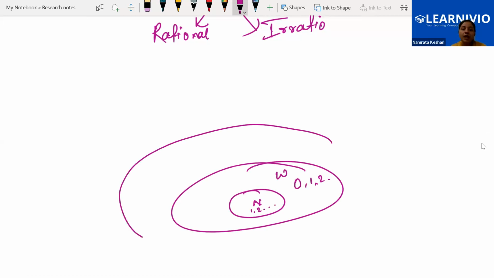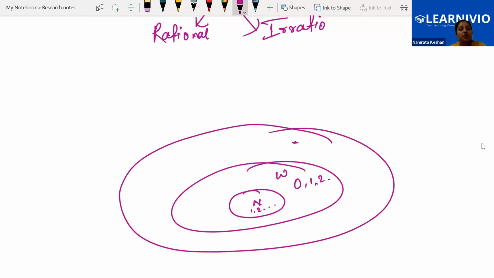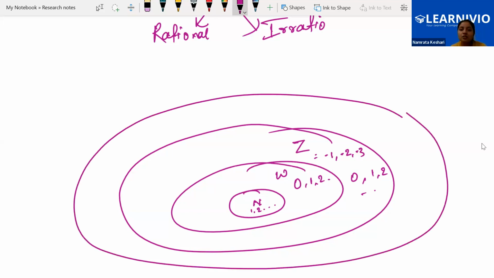After that we have integers, which we represent with Z. That means whole numbers are also integers, natural numbers are also integers, but a few more extra numbers are there, those are negative numbers: -1, -2, -3, 0, 1, 2, 3, 4, these are integers. Now what is a rational number?